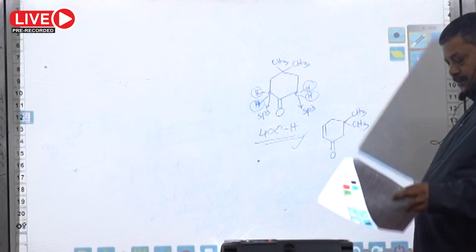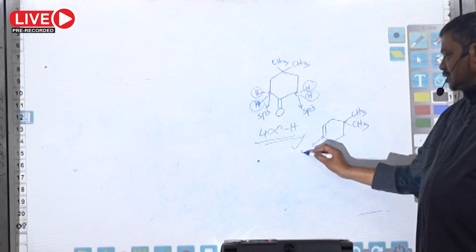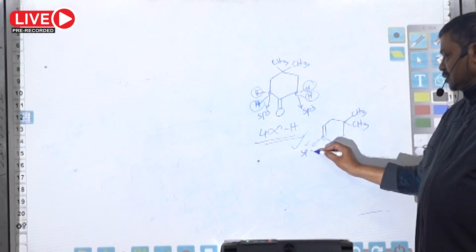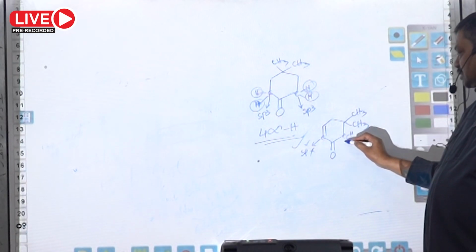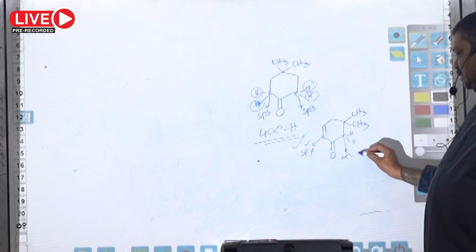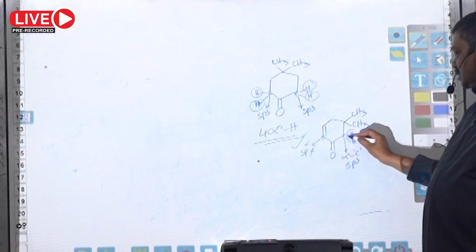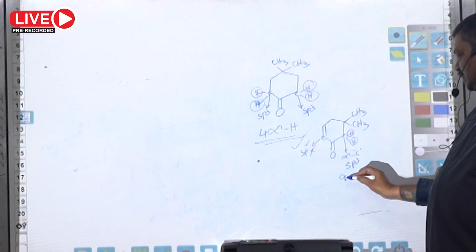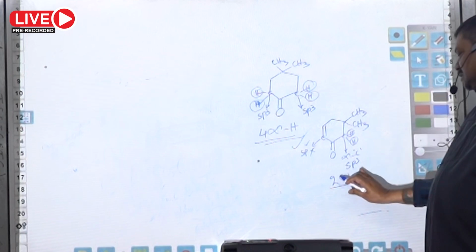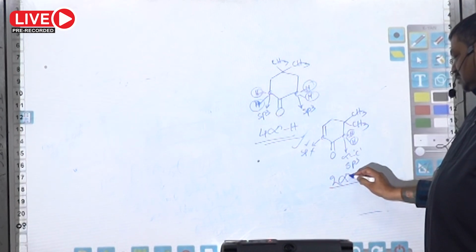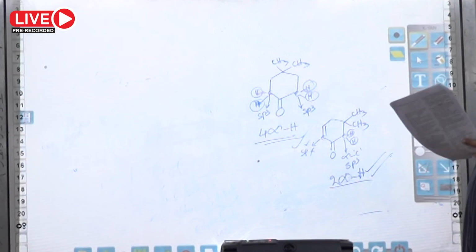There should be an alpha hydrogen linked to a saturated carbon or sp3 carbon. What is the condition? To exhibit tautomerism, an alpha hydrogen atom must be present on a saturated carbon or sp3 carbon.